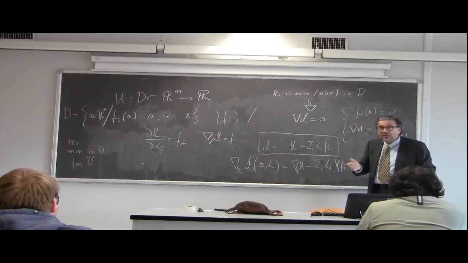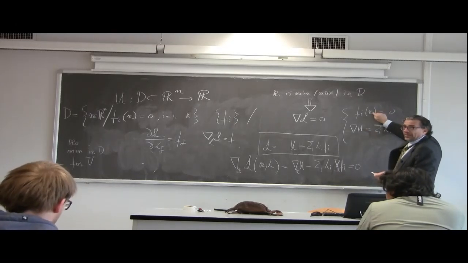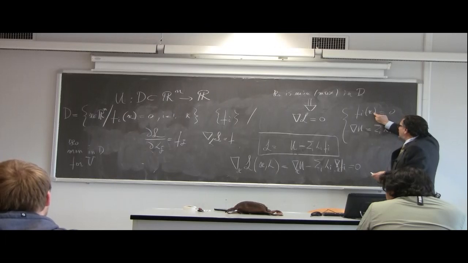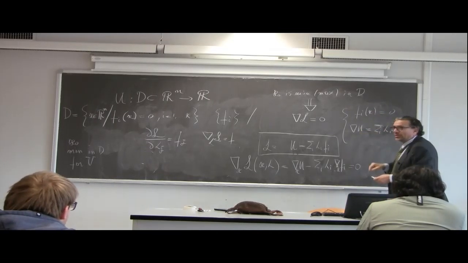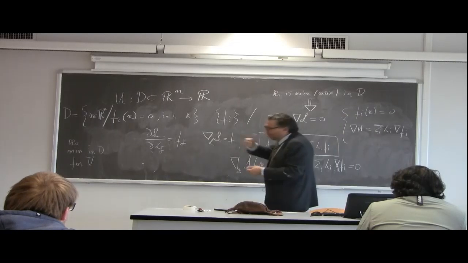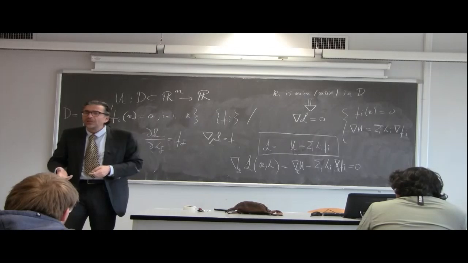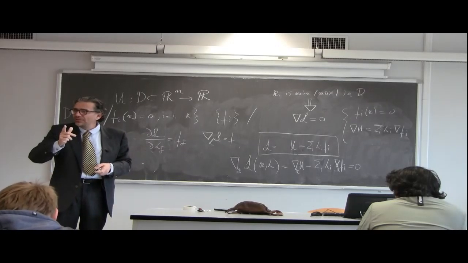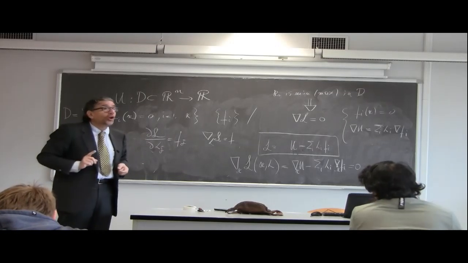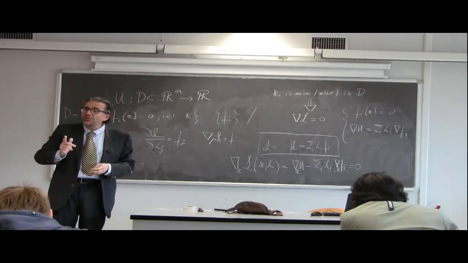So what is this telling you? Find an x in D such that grad U belongs to the orthogonal space to D. So the variation of U can be different from 0, but it has to be orthogonal to the embedded manifold where you're looking for a minimum.